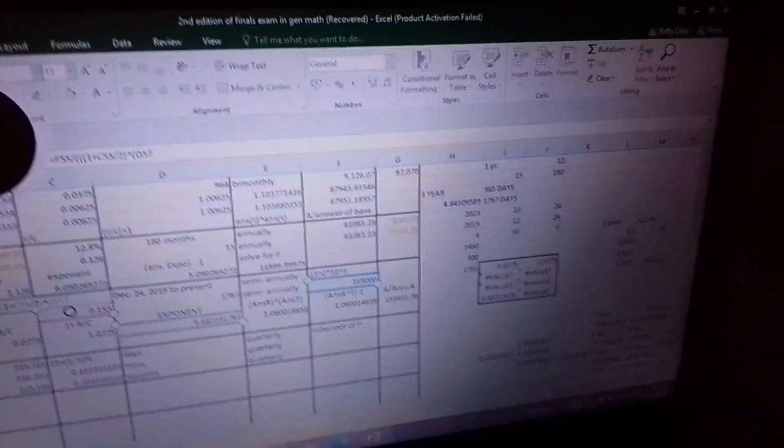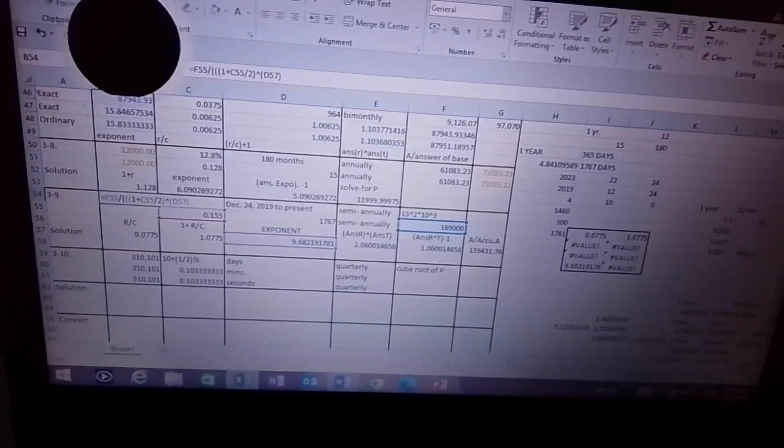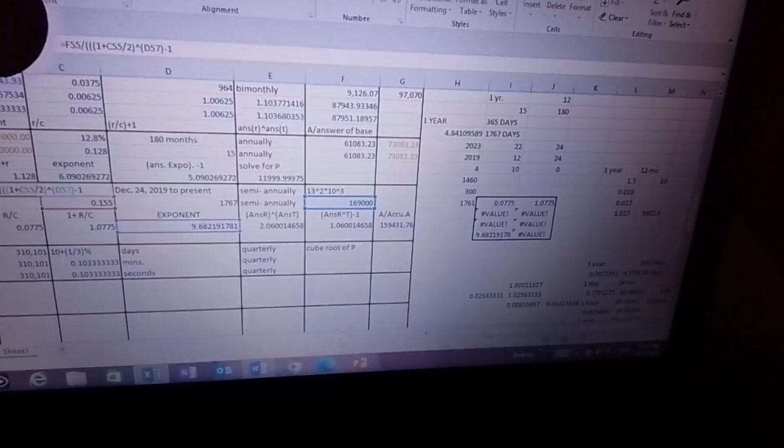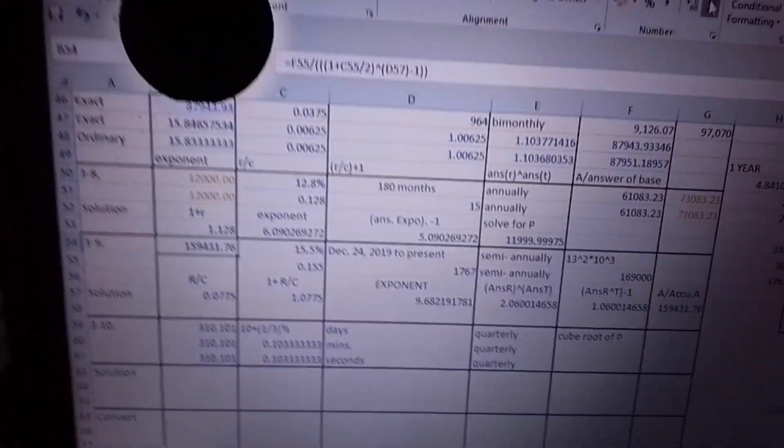Exponent. And then after that, pagkatapos yan, we also subtract that by 1. Yan. We should also get the same answer din, which is 159,431 pesos, 0.76 cents.